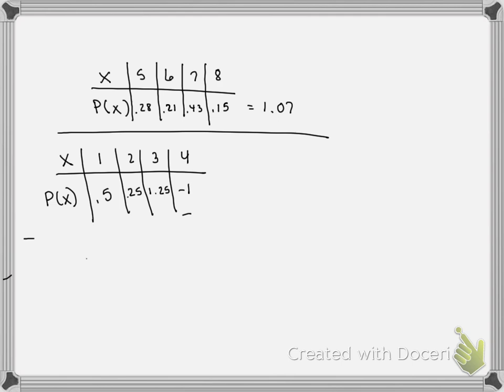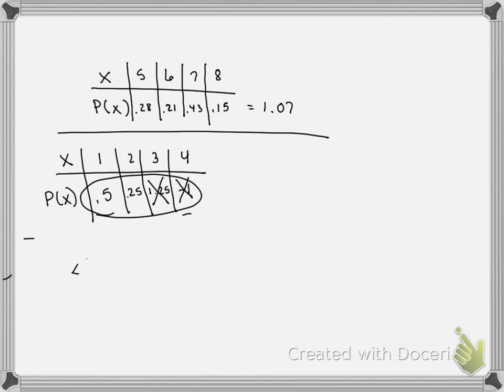Well, remember that these probabilities can only be valid if they're between 0 and 1. So this one here, greater than 1, that one there, less than 0. So that is not a probability distribution either.